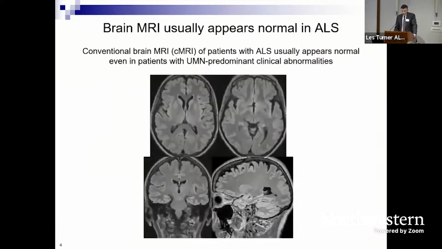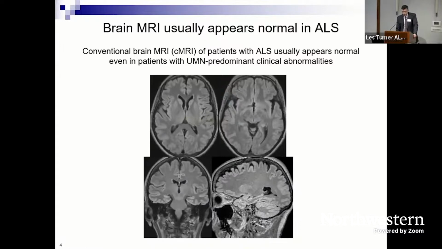Routine or conventional brain MRI, as regularly used during clinical evaluations of patients with ALS, usually shows no obvious abnormalities. Here are 4 views through the brain of a patient with upper motor neuron predominant ALS that show no abnormalities on FLAIR imaging.